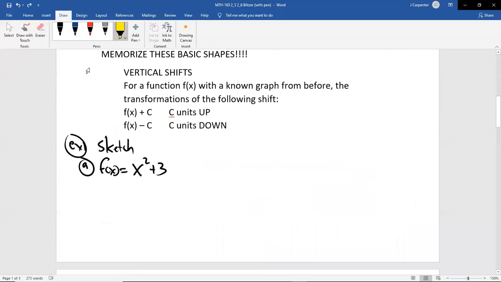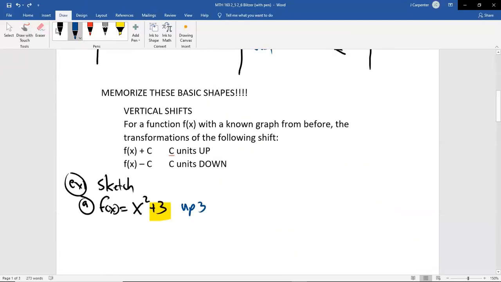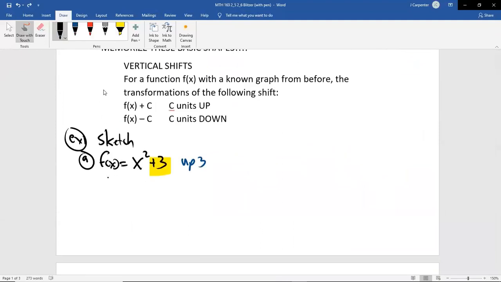How much do we move it up or down? Well, this plus 3 tells us to move it up 3. See, plus means up, minus means down. Oops, didn't mean to erase that far. There we go. So we just take our x squared graph.